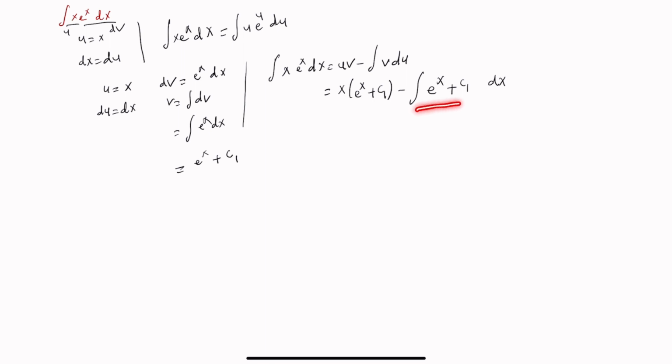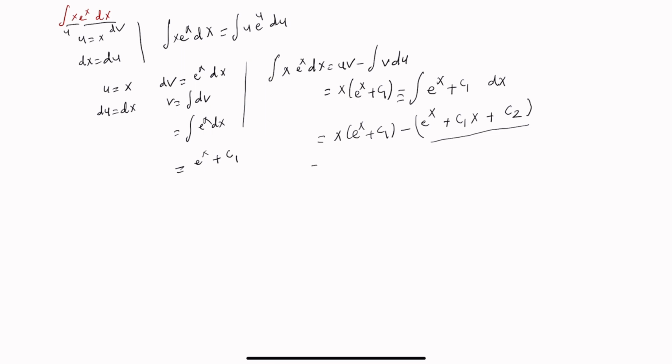Now, for the next step, I'm gonna solve this integral. So that's gonna be equal to x times e to the x plus c1, and then minus the antiderivative of e to the x, which is e to the x. Then the antiderivative of a constant is just c1x, and then plus a constant, I'm gonna call it c2. Note in here, this minus sign is gonna be multiplied by the whole integral of this.